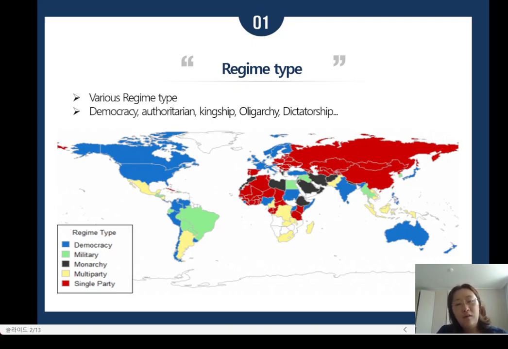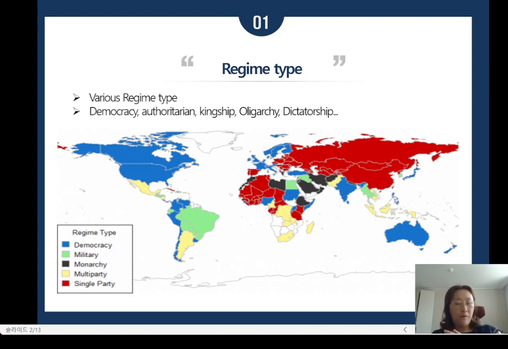In the world globally, there are a lot of different types of regime: democracy, authoritarian, kingship, oligarchy, dictatorships. So we will learn the various definitions of non-democracies next week. So when we meet in person, we will talk about it.